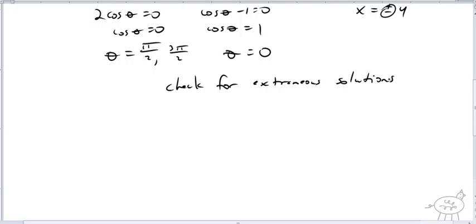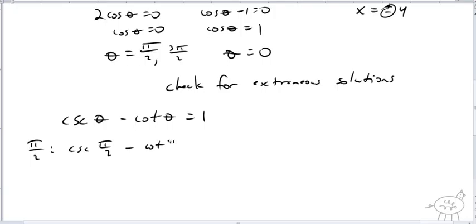And then just what you do is you plug it back in the original problem. So the original problem was cosecant of theta minus cotangent of theta equals 1. And so I'm going to plug in all these different values. I plug in pi over 2. I get cosecant of pi over 2 minus cotangent of pi over 2 equals 1.